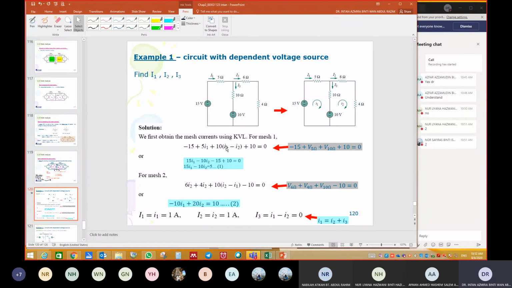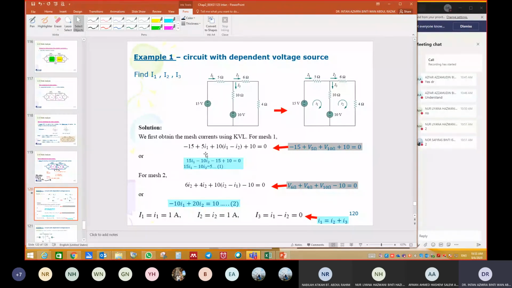I1 must be positive because we write the equation in loop 1, and I2 must be negative, and then equal to 0. So this 5 I1 is the voltage of the 5 ohm. This is the voltage of the 10 ohm.